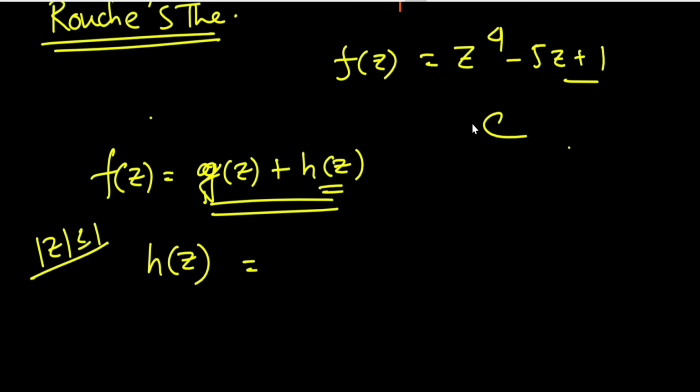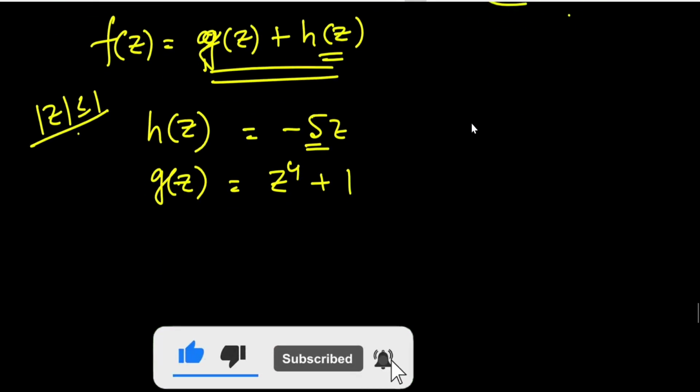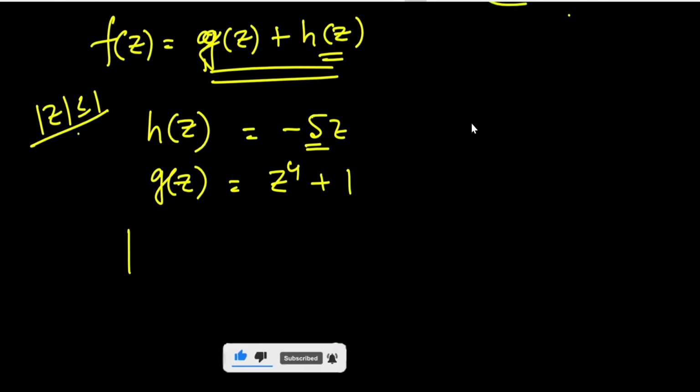Choose h(z) equal to minus 5z. In this region we choose h(z) with the numerically largest coefficient and the minimum power of z. And g(z) equals the remaining terms, z to the power 4 plus 1.